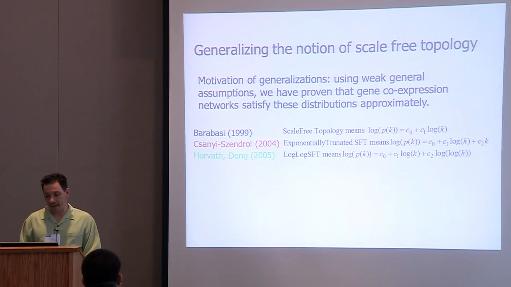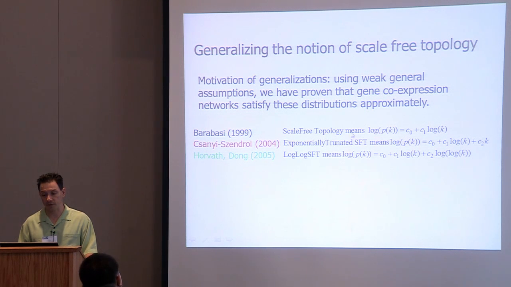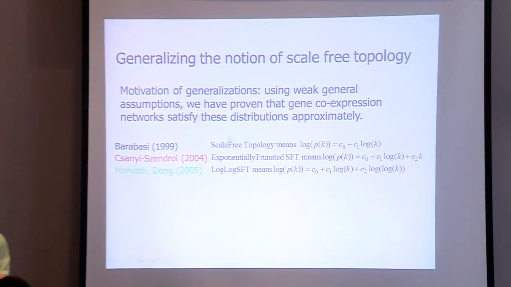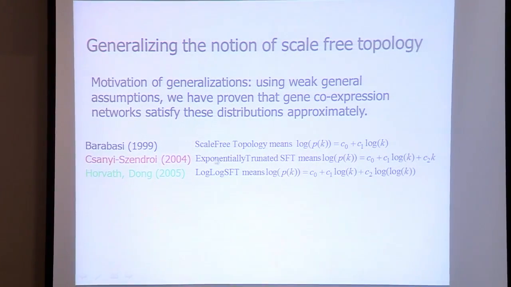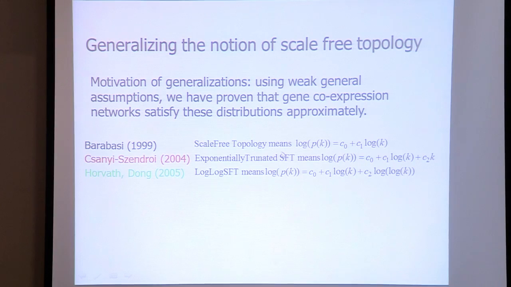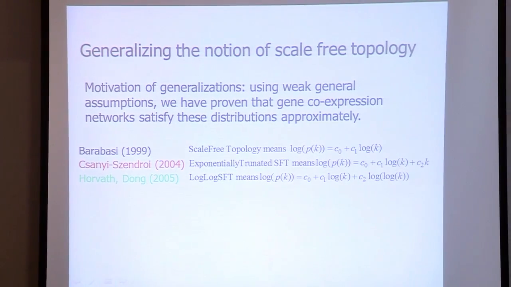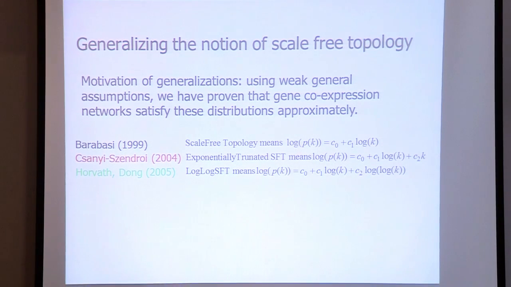Now, there are many more precise mathematical definitions of scale-free topology. As I mentioned, this is the definition: the log of the frequency forms a linear relationship with the log of the connectivity. And there are alternative definitions. There's something called exponentially truncated scale-free topology and so on. And there's a vast literature on scale-free networks.